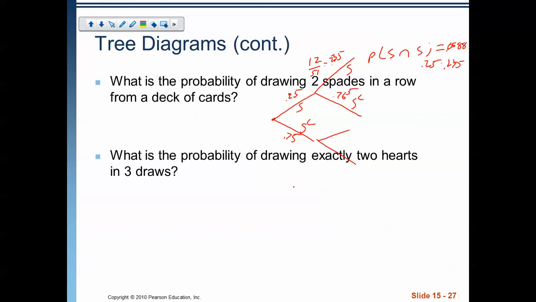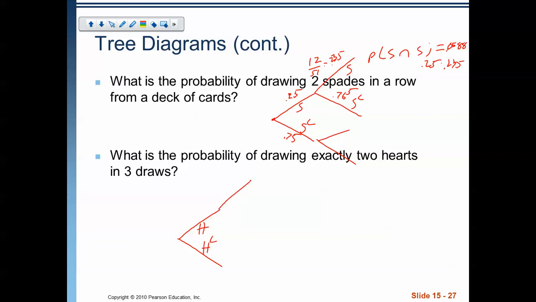So in order to accurately figure out exactly 2 hearts in 3 draws, I do have to go down multiple branches on my tree this time, because I have to figure out this one and this one and this one. There are 3 different ways to do it. So let's draw a big old tree, okay? We're going to have draw 1, heart or no heart.